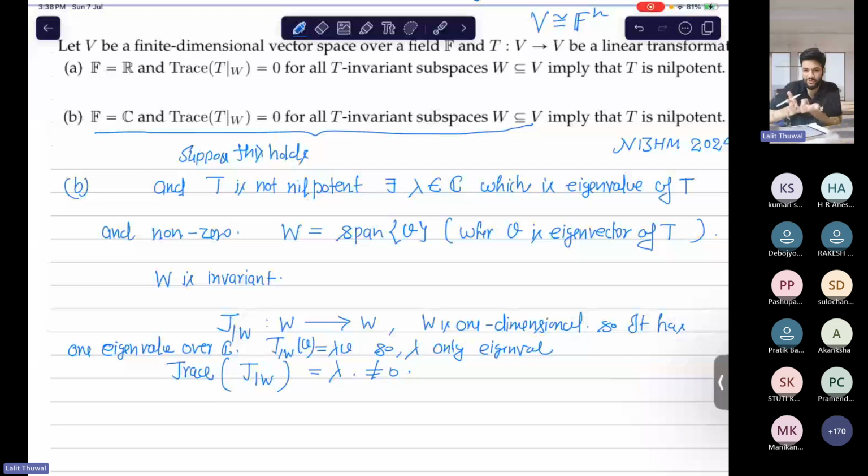So the trace restricted to this invariant subspace is non-zero.